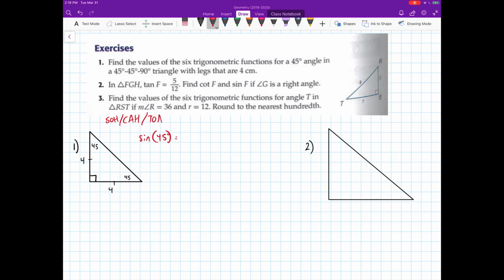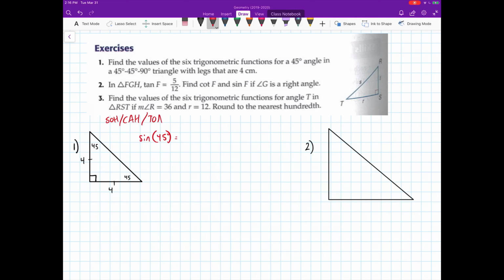So it's going to be opposite over hypotenuse. We'll choose this one, although it doesn't matter. So we get 4 over 4 root 2, which is just 1 over root 2, which we simplify by multiplying root 2 on the top and bottom. So we're actually going to get root 2 over 2.